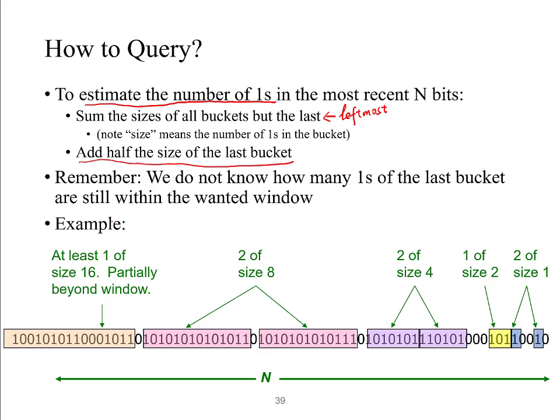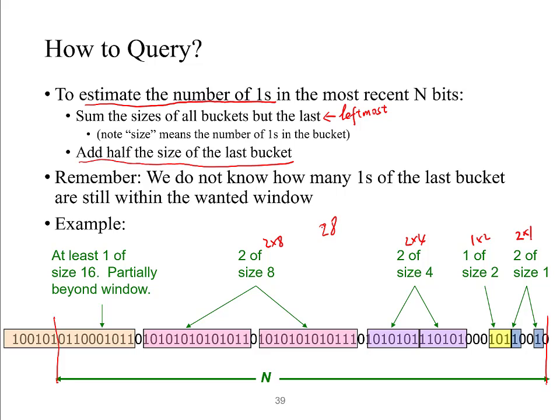Let's look at an example first. So this is the window n from here to here. So the estimation would be this is 2 times 1, this is 1 times 2, 2 times 4, 2 times 8. For the first step, we sum the sizes of all buckets but the last. What we will have here is 28.